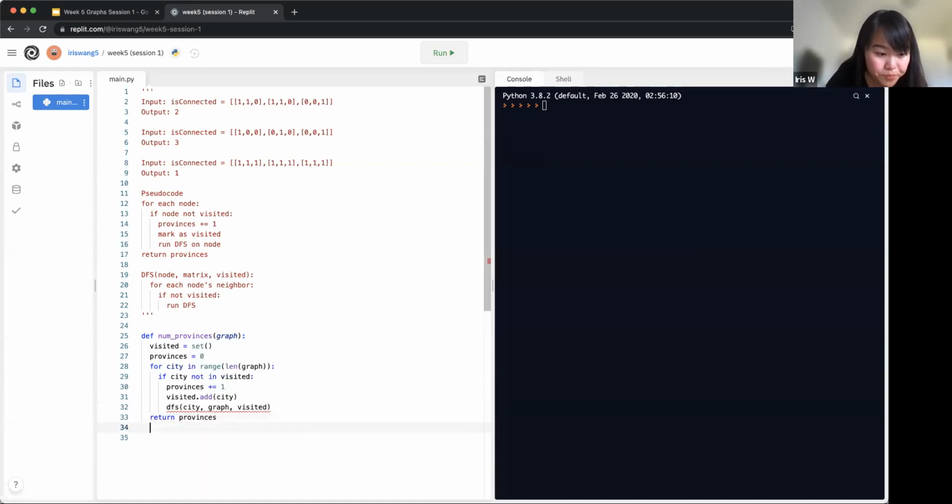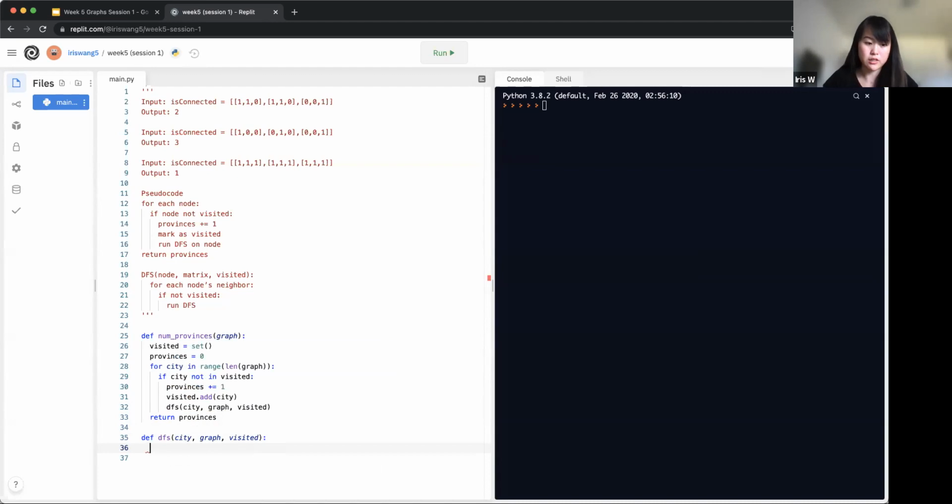Okay, cool. All right, so going on and actually implementing DFS, which is the core of the problem. So it'll take in a city, the graph, and then the visited set. And basically what I want to do is grab all its neighbors.